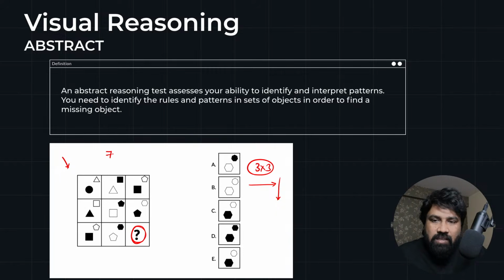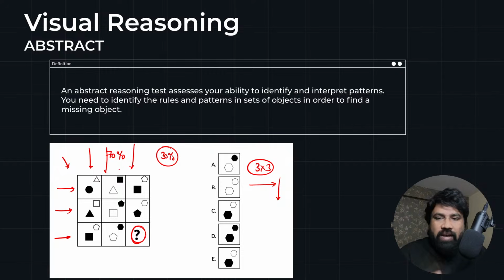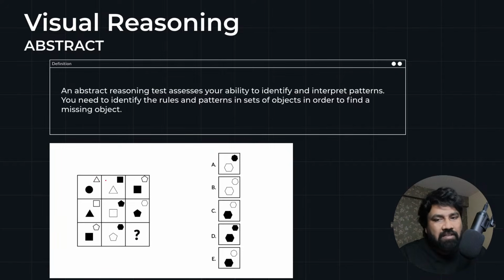And in this, 70% of the problems will go through row oriented, and the remaining 30% puzzles will be based on column oriented. So 70% of the problems can be solved row wise. So whenever you have this type of problems, first go with the rows. What is the relation between these three objects in a row?